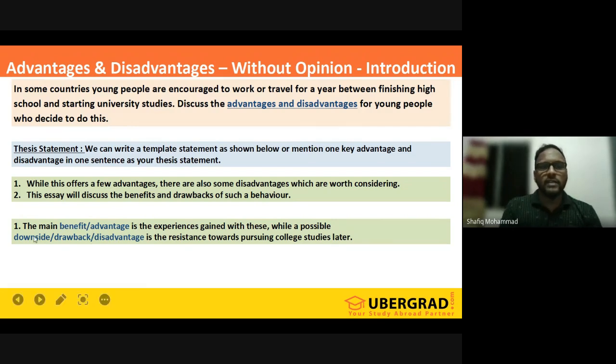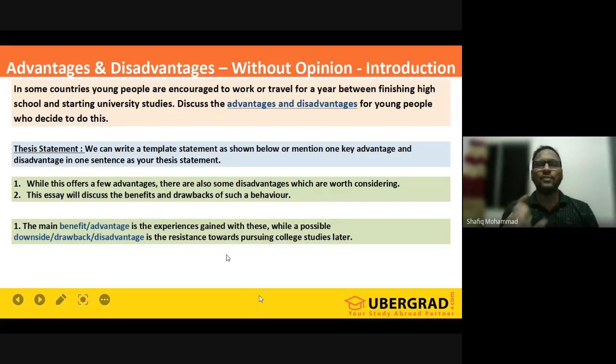So next: the main advantage is the experience gained with these, while obviously it is possible. The downside, while a possible downside or disadvantage, is resistance towards pursuing college studies later.